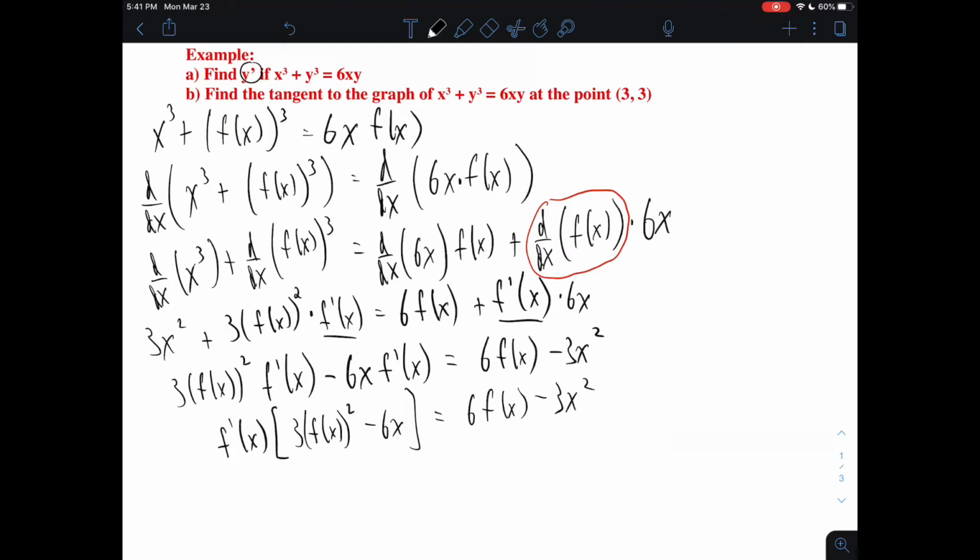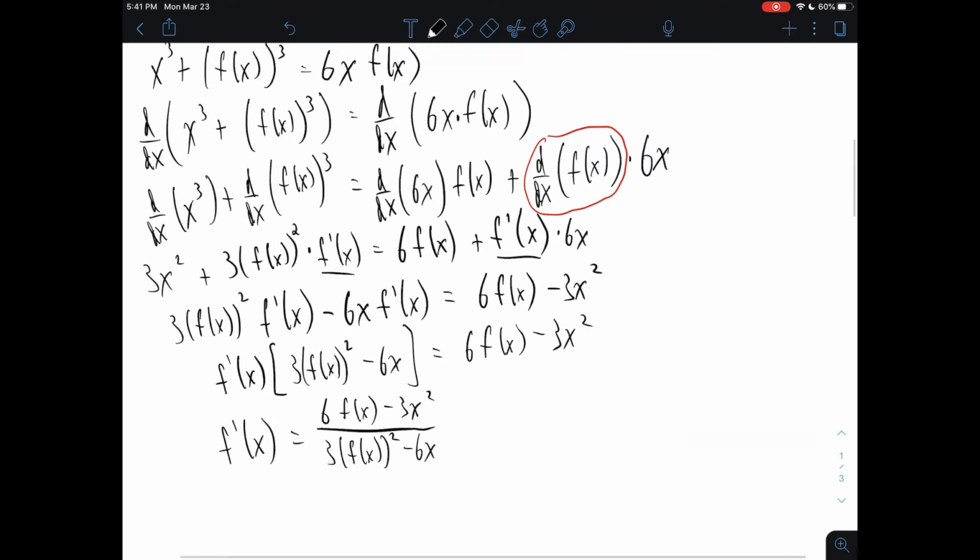So then to get the derivative all by itself, I just use division. So that means I have the right-hand side, 6 f of x minus 3x squared, divided by what was in that square brackets, 3 parentheses f of x squared minus 6x.